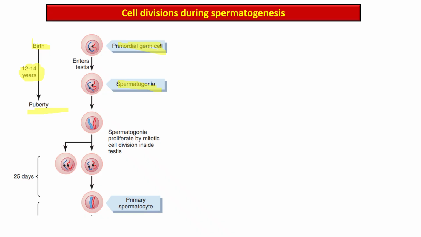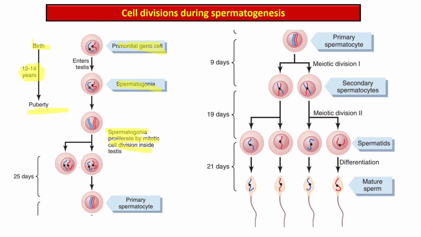Then after about 25 days, some spermatogonia differentiate into primary spermatocytes, and these primary spermatocytes will then enter into meiotic division.